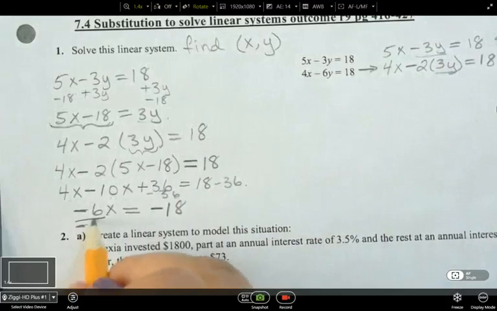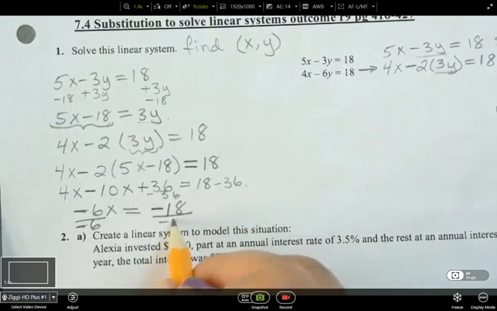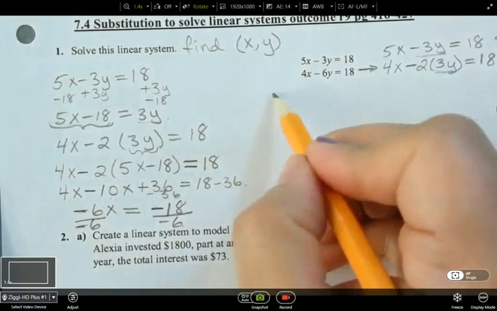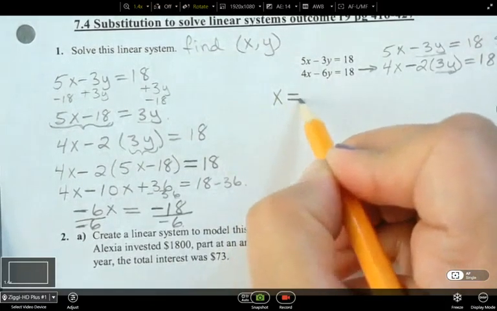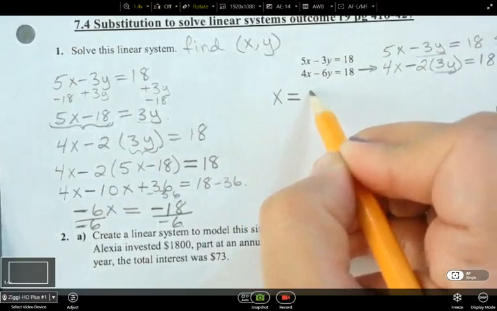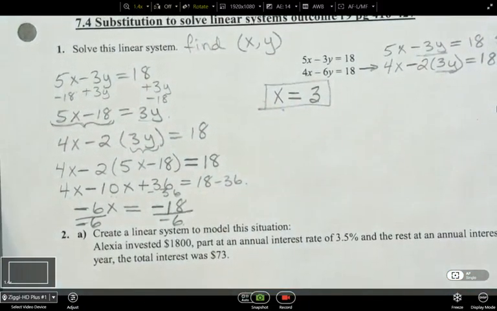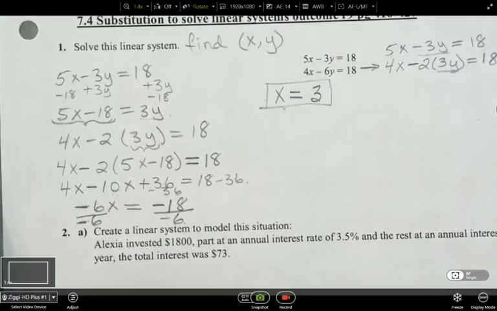Okay, so is this working out nicely? Divide both sides by -6, and what do we get as x equals? So we get x equals +3. Okay, let's keep that in our pocket because we need it for the next part, right? So what's the next part here now?